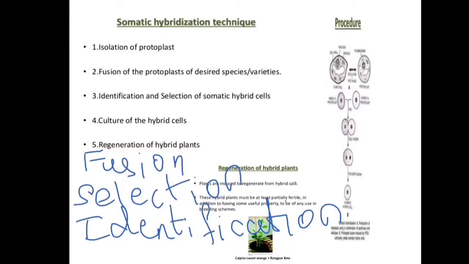Okay, so again the fusion method has three main methods, that is spontaneous, mechanical, and induced fusions. So spontaneous fusion means it is a continuous fusion process. The cell fusion is a natural process, as we see in egg fertilization.